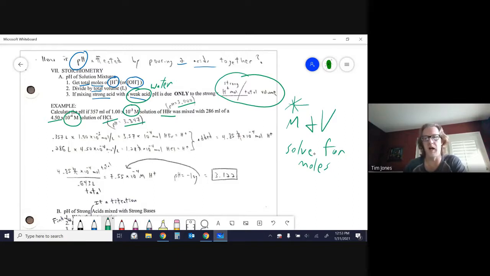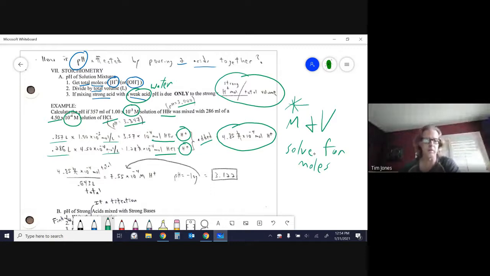So you're going to be doing a lot of this calculation. So volume, molarity gives me my moles of HBr, but what I really care about is H plus, which is the same. Volume, molarity gives me moles of HCl. Again, I really care about H plus. Add these two moles together, and you get this as your moles of H plus total.